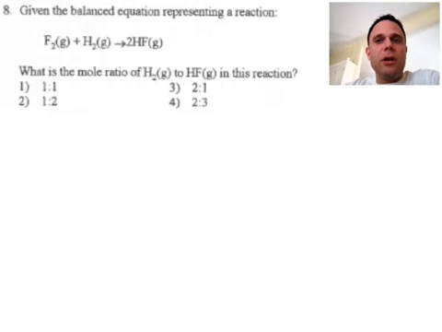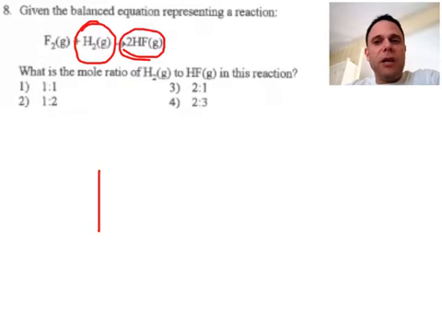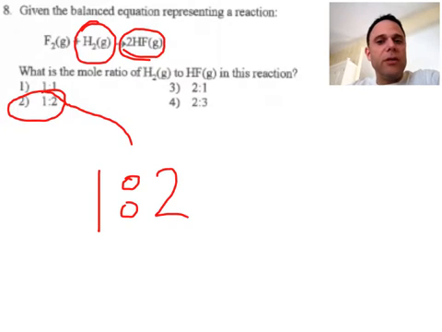The question, what is the mole ratio of H2 to HF in the reaction? Well, here we have H2. How many H2s do we have? 1. How many HFs do we have? 2. Answer, choice 2.